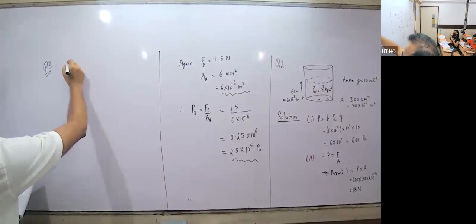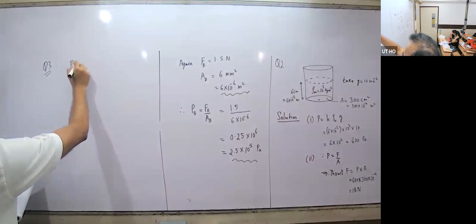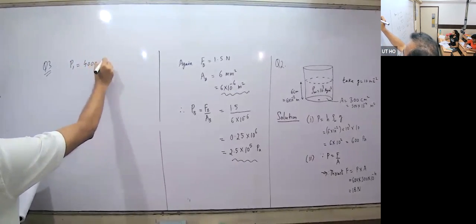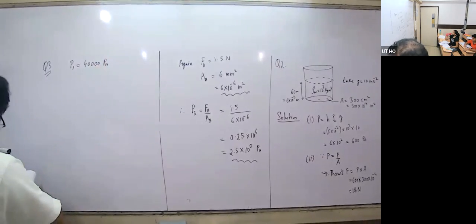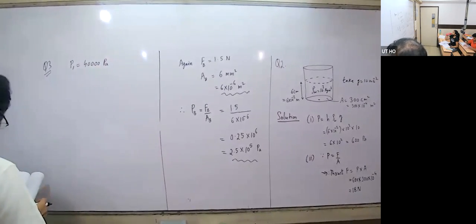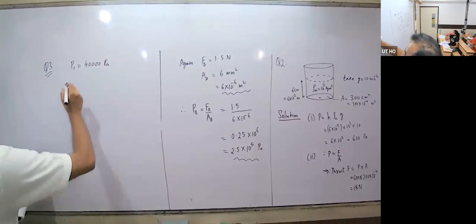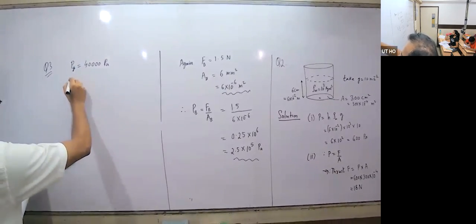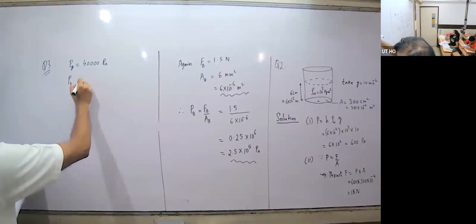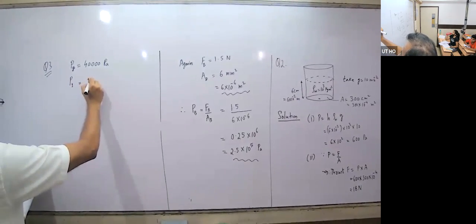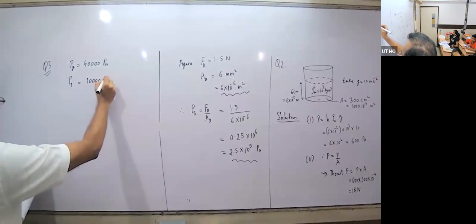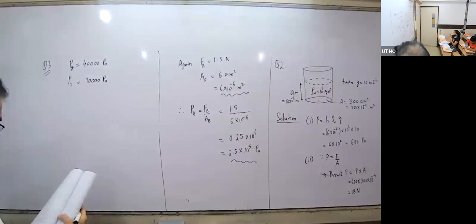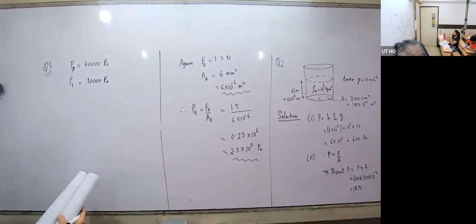So I am calling pressure on the ground as PG, P ground, which is equal to 40,000 Pascal. And pressure on the first floor, P1, is equal to 10,000 Pascal. Find the height of the first floor, right?